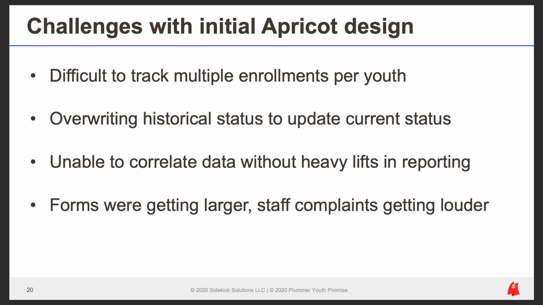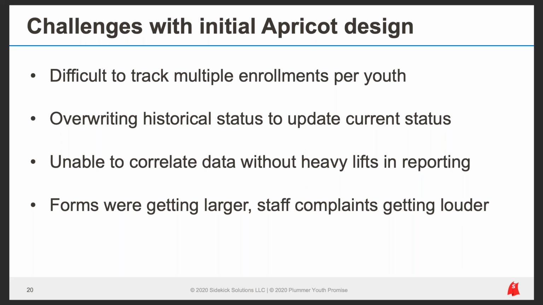We had a hard time correlating intake, those ratings on that scale I mentioned, the different kinds of activities recorded on progress notes, and discharge data without heavily relying on external reporting systems or manual ways. I'd have to export a whole lot of stuff to Excel and do a lot of manipulation in order to count things across the life of a case, especially if that individual moved across programs.